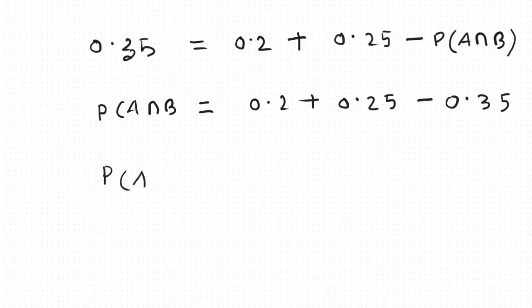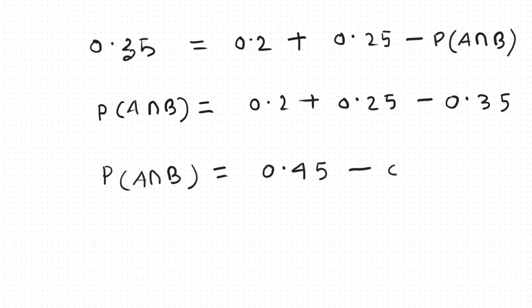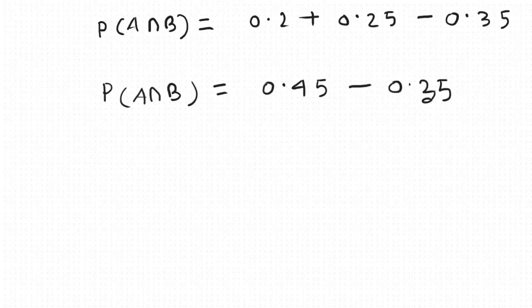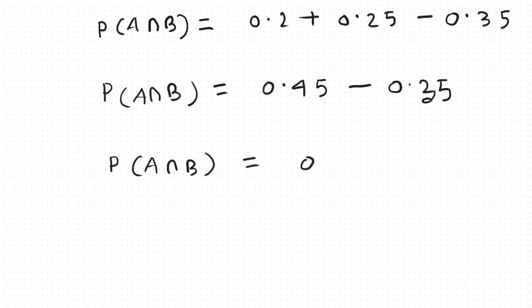If we add these two, we get 0.45 minus 0.35. From here we get probability of A intersection B equals 0.1.